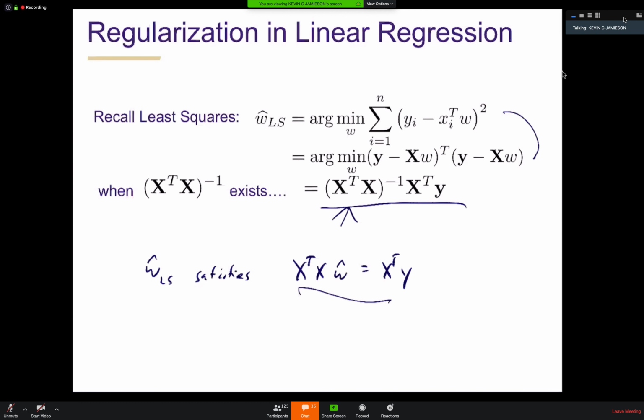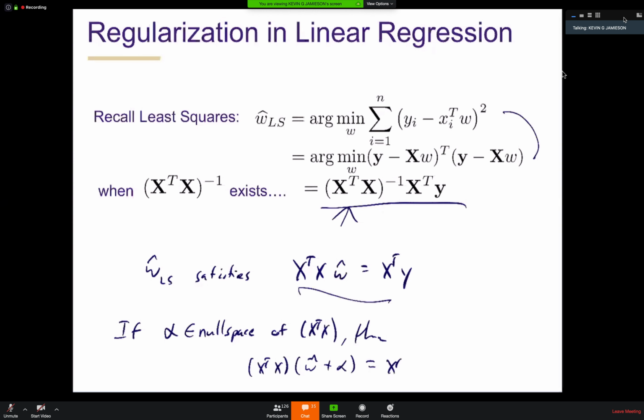So if alpha is in the null space of x transpose x, then x transpose x times (w hat plus alpha) is equal to x transpose x times w hat, for all alpha in the null space. And the null space is non-empty if and only if x transpose x is not invertible.